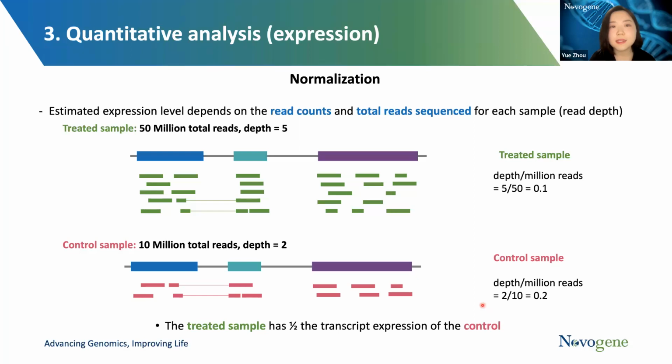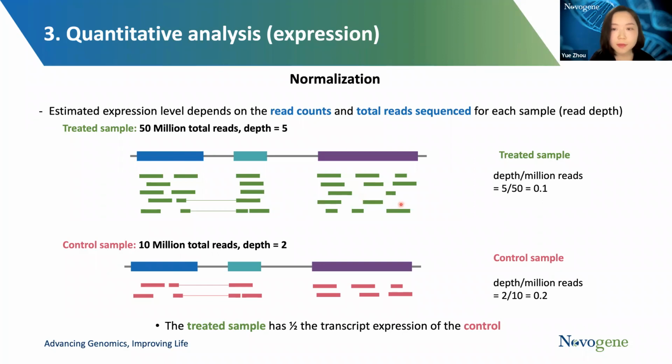So what exactly is normalization and why does it matter? For instance, we have an example here. We have the treated sample with 15 million total reads and a depth of 5 times. And for the control sample, we sequenced 10 million total reads with a depth of 2 times. Would you think the transcript of the treated sample is expressed more than the control sample, just judging from the depth?